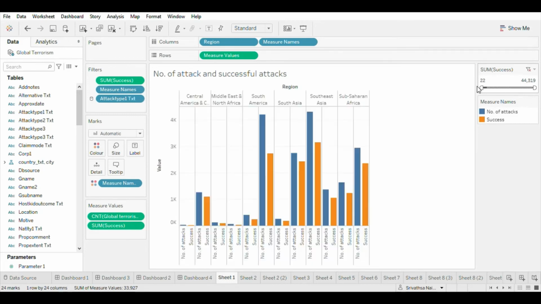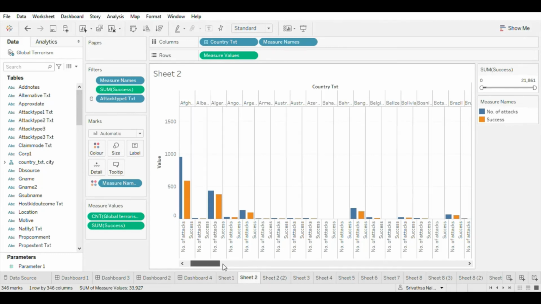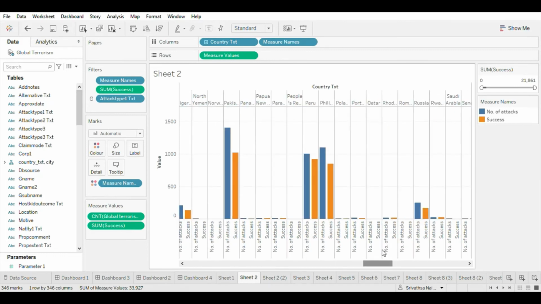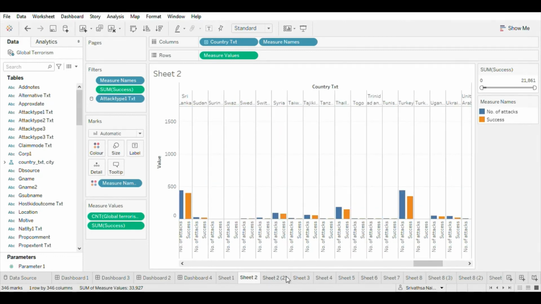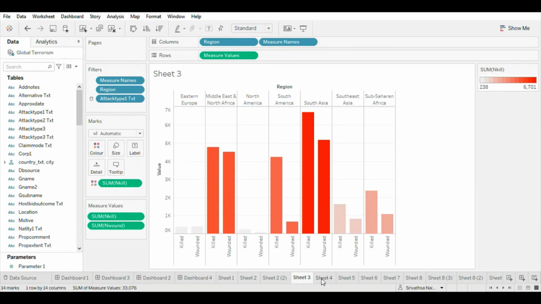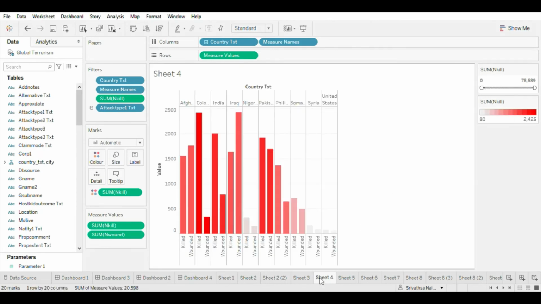Here we can see region wise analysis with more countries and more regions, and on sheet 2 we can see the countries which have had the most number of attacks. So the sheets help us to do deeper analysis. Also, the number of people killed and wounded can be visualized.